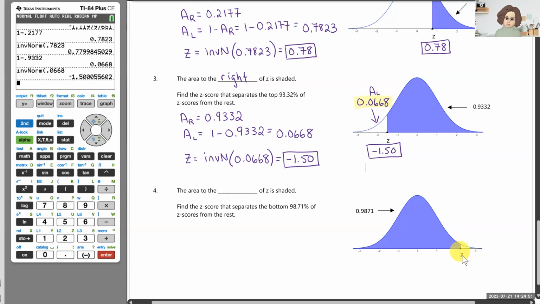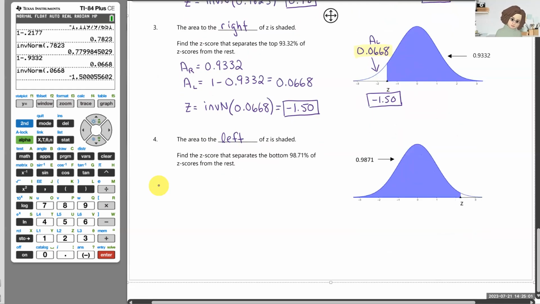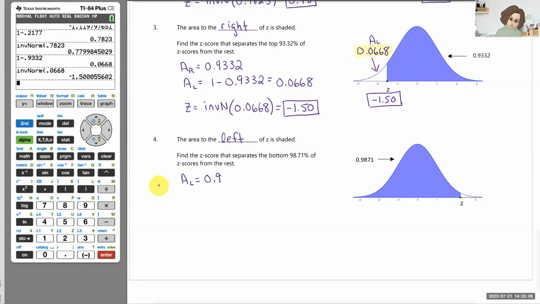Okay, last one here. There's my z-score I'd like to find. They've shaded all this area to the left of it. If you know the area to the left of the z-score, it's 0.9871, then you go right to inverse norm, because we always inverse norm the area to the left of the z-score.